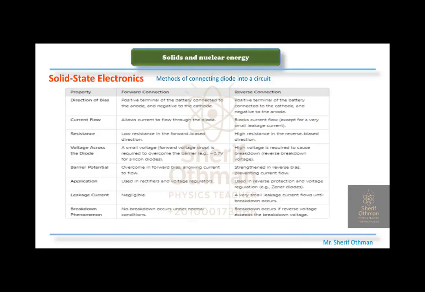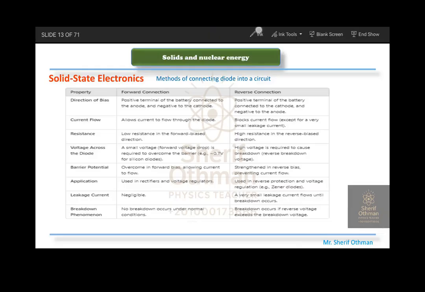Let's compare between forward connection and reverse connection, guys. Forward connection: the positive terminal of a battery is connected to the anode and the negative to the cathode. It allows electric current to flow through the diode. Low resistance in the forward bias connection, and a small voltage drop.